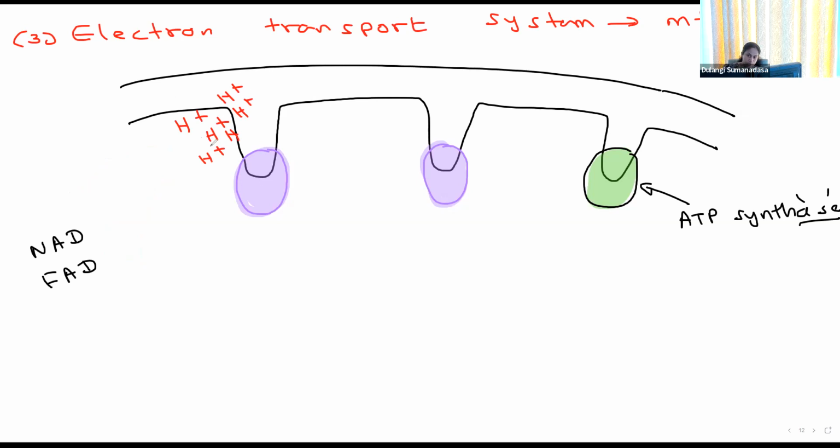So the first point is always that you're unloading all the coenzymes, the NADH and FADH2. All these unloaded coenzymes are going to go through this chain of cytochromes. Along this cristae, through the cytochromes, the high energy proton is going to flow until it reaches the ATP synthase as the final protein.